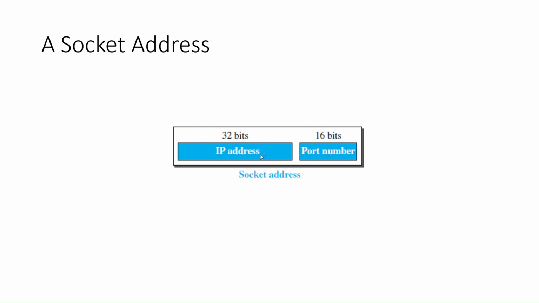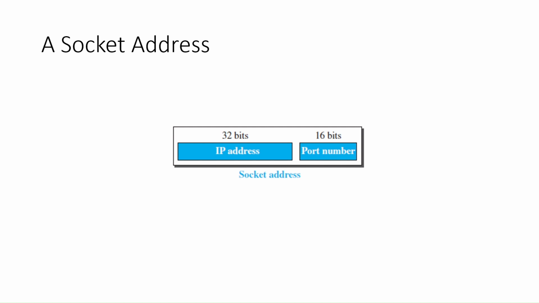But one single machine can have any number of applications running on it, and many of those applications can create sockets. So in a single machine there can be any number of sockets. Every socket will have its own identification number called the port number, which is of 16 bits. So a socket address is a combination of the IP address of the machine and the port number of that particular application which created the socket.